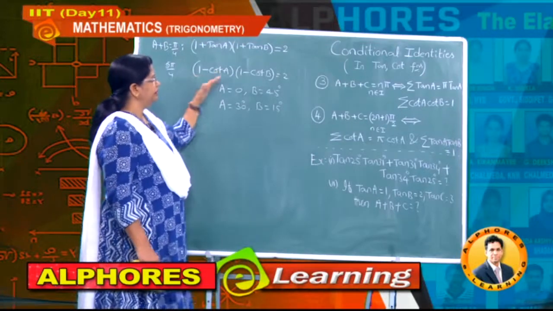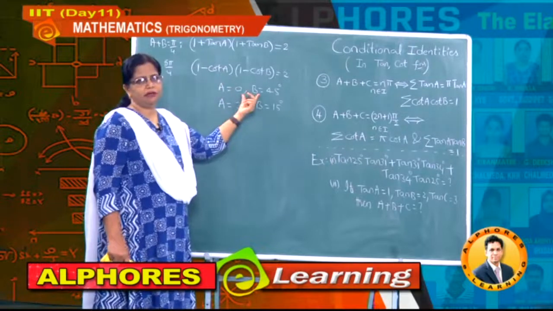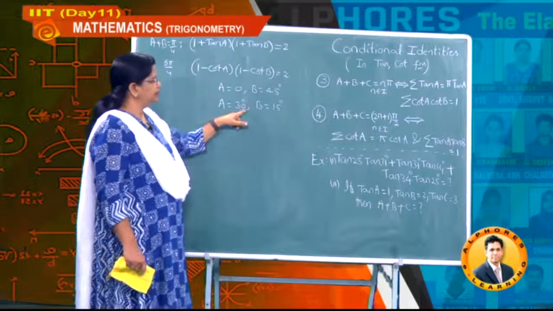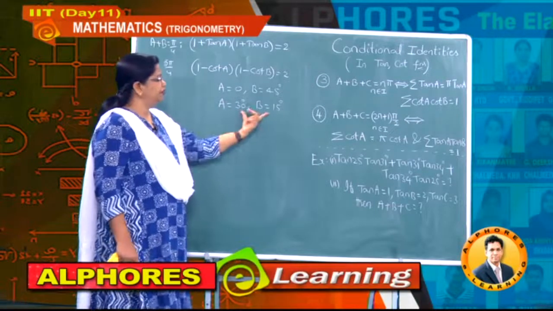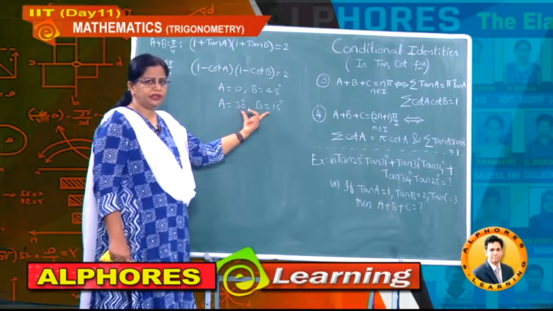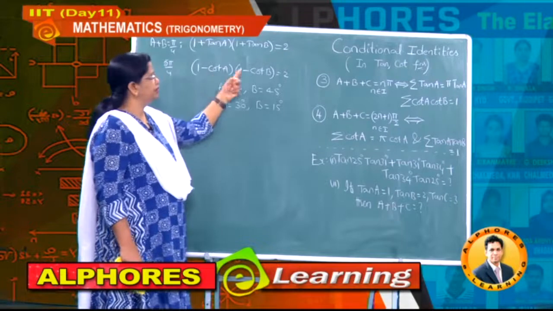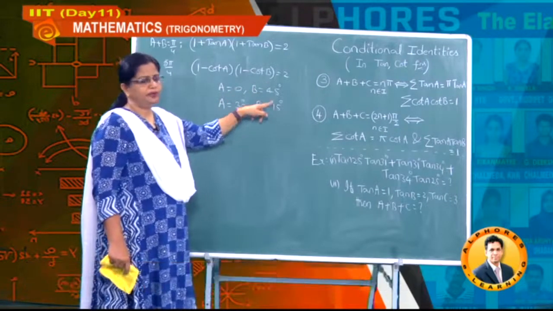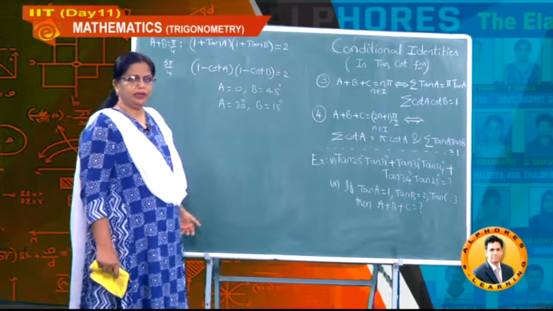That's why, before you substitute in any problem, you should take care of undefined values. Now if A is 30 and B is 15, the sum is 45 degrees, no doubt. Here we get 1 minus root 3, and the other value we deduced already is 2 plus root 3. So if you substitute, definitely you can get the answer.